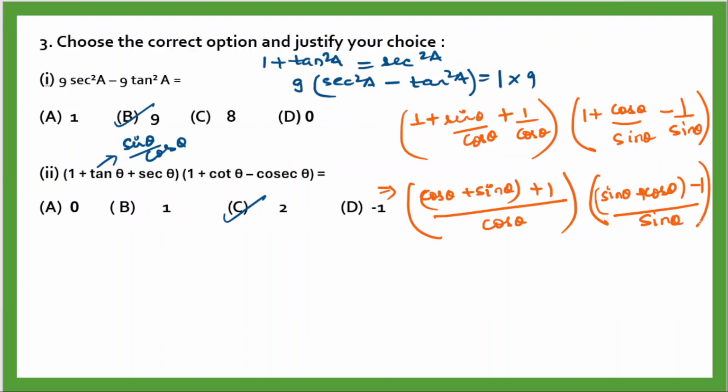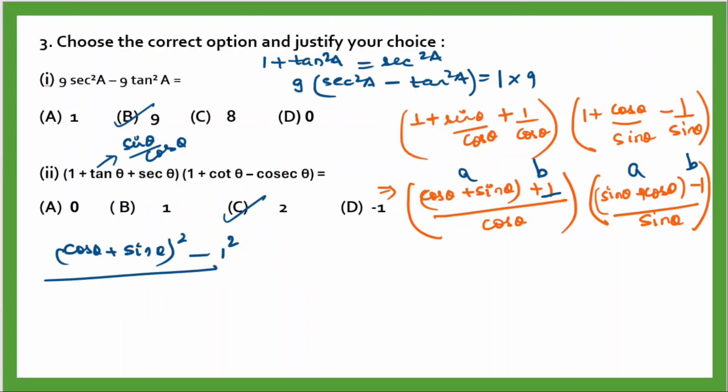Okay. So what you have to do? You have to put cos theta plus sin theta as A, assume it as A, and this as B. Here A and B. So you will get A plus B, A minus B. So you are getting A square minus B square. So you can write it as cos theta plus sin theta whole square minus 1 square divided by sin theta cos theta.